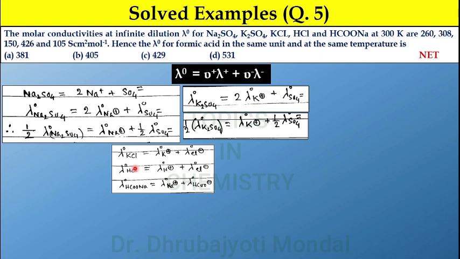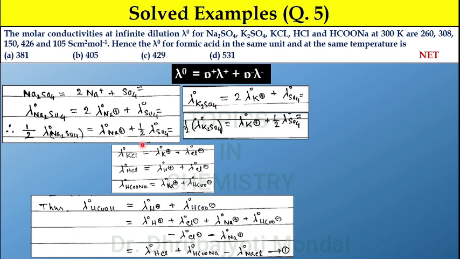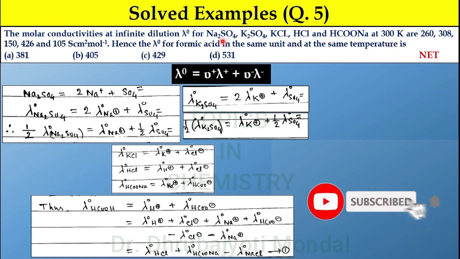Similarly, for other electrolytes, you can write lambda 0 for KCl is equal to lambda 0 K plus plus lambda 0 Cl minus, lambda 0 of HCl is equal to lambda 0 H plus plus lambda 0 Cl minus, and lambda 0 HCOONa is equal to lambda 0 Na plus plus lambda 0 HCOO minus. Now, you have to find what is the lambda 0 of formic acid. And you know that formic acid is a weak electrolyte.